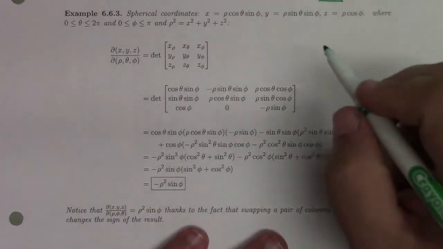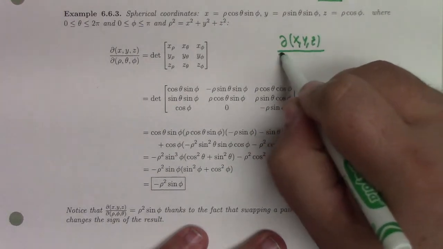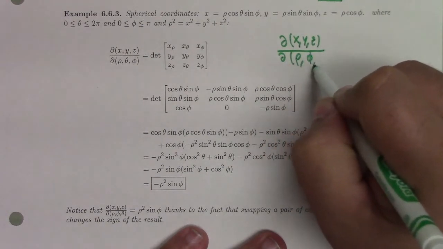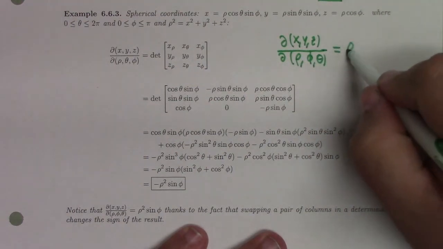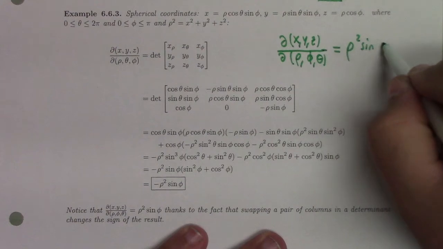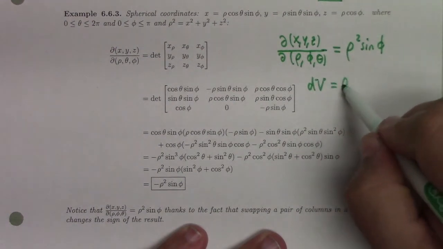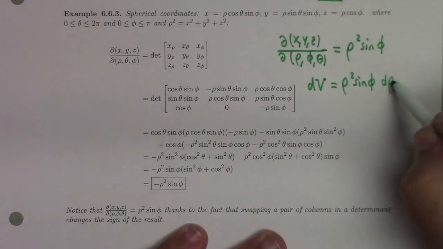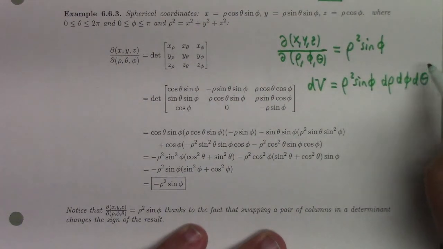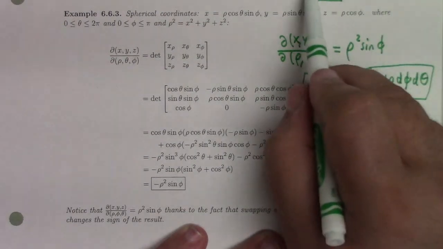But if you had instead calculated partial x, y, z over partial rho, phi, theta, so putting the phi first and the theta second, then this would work out to rho squared sine phi. And so that goes to show you that dv you could also write as rho squared sine phi d rho d phi d theta. So this is the volume element in spherical coordinates, and again, that's half of the change of variables theorem.